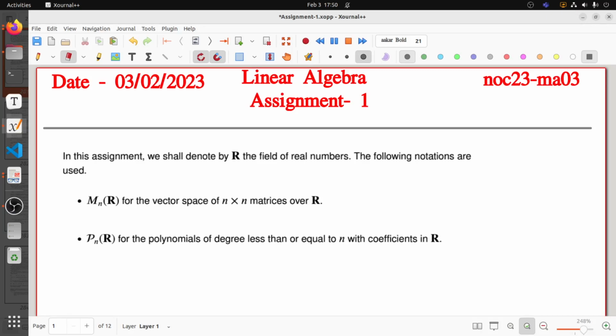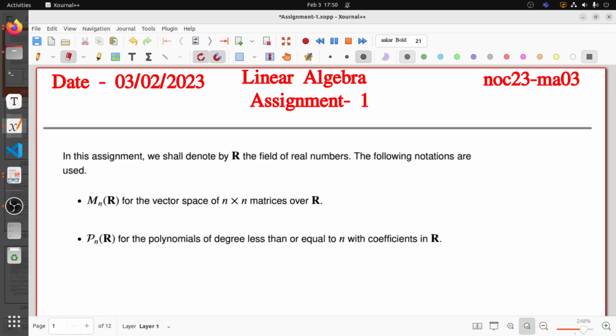Now move to the next option. The linear span of T cannot be 0. What is it saying? Option number 4 is saying that the linear span of T cannot be 0. What is T? T is an infinite subset of R2.